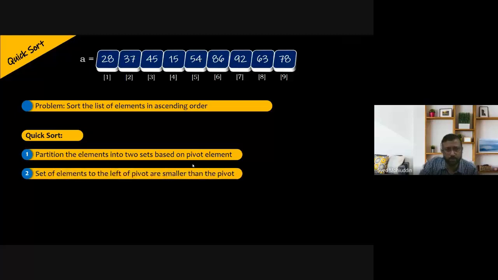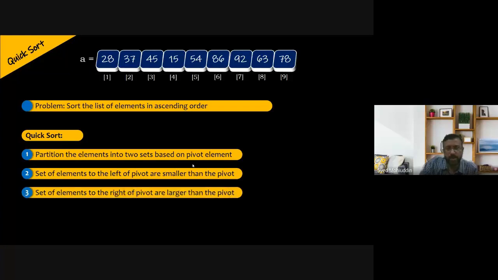So, the set of elements, when it is divided or partitioned according to pivot element, all the elements to the left of the pivot will be smaller than the pivot element. And all the elements to the right of the pivot will be larger than the pivot element. So this is the basis on which the quick sort works.